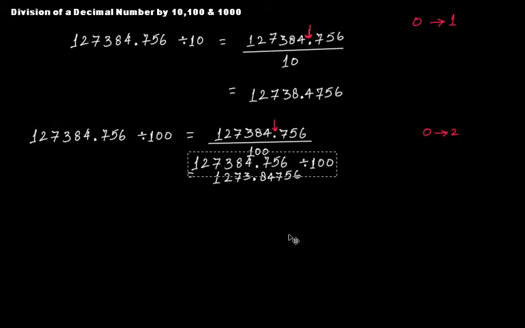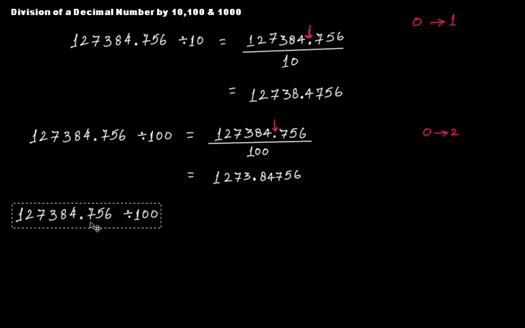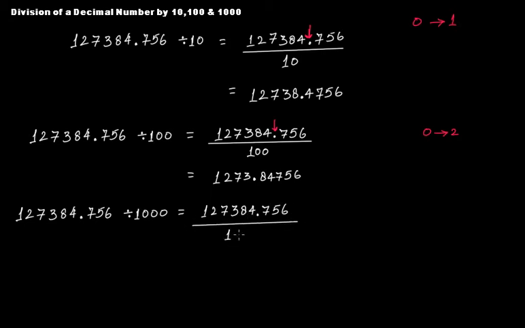Okay, let's take again this one. Control-C, Control-V. In this case, you have to divide by 1000. It means 127,384.756 divided by 1000. Your decimal point is here. How many zeros do we have in 1000? We have 3 zeros.